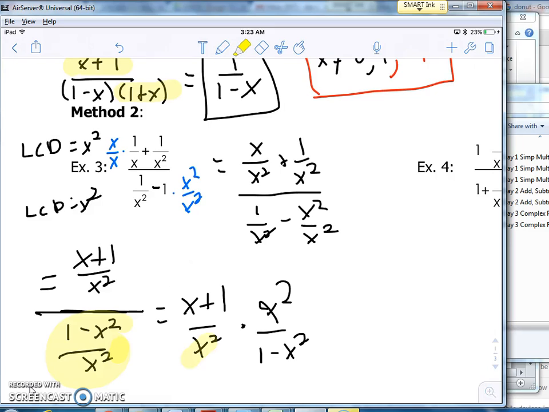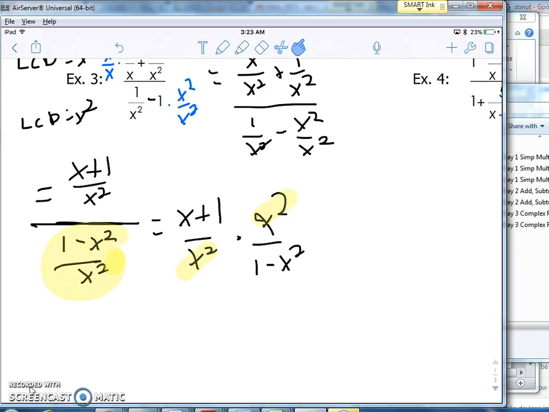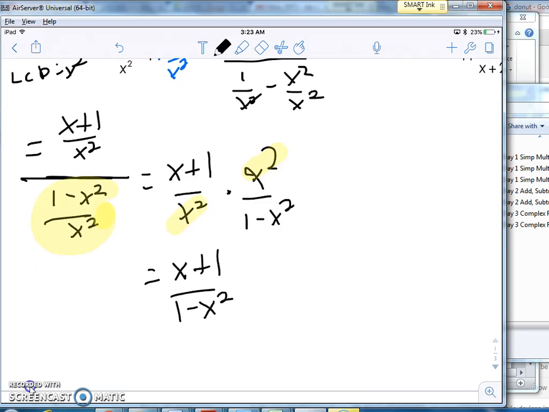Now we're going to see the x squareds reduce, and we are left with x plus 1 over 1 minus x squared, and I think you'll see that that will reduce. So this comes out to be what we had before.